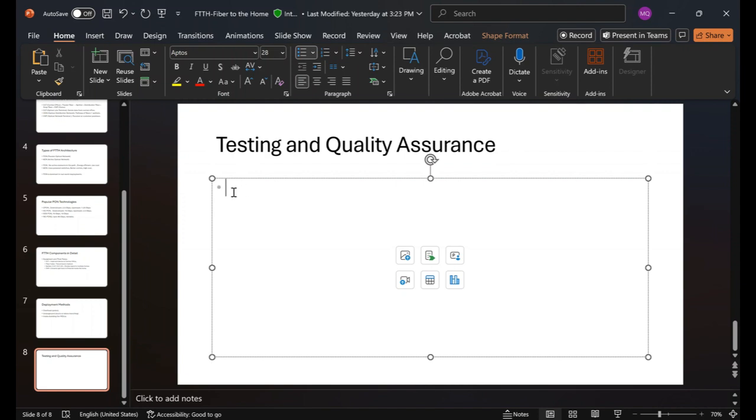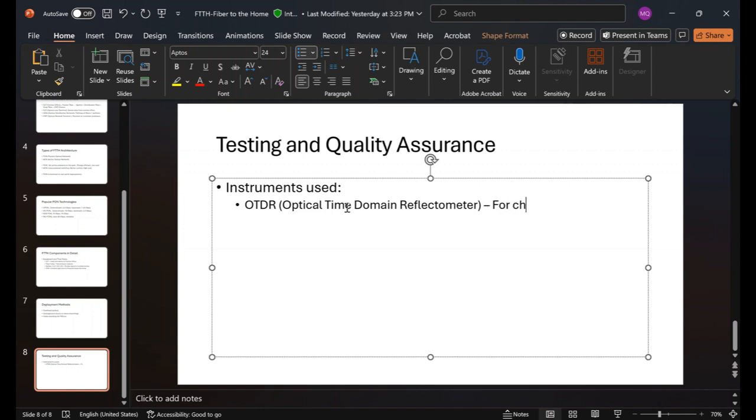Instruments used in this: number one, OTDR, optical time domain reflectometer, checking faults, splices.